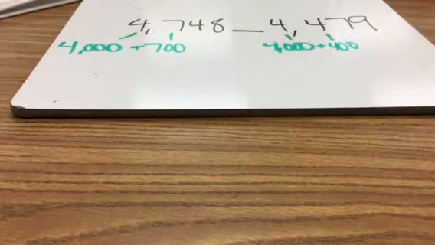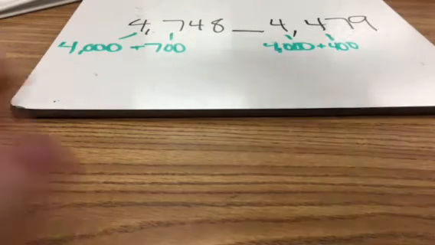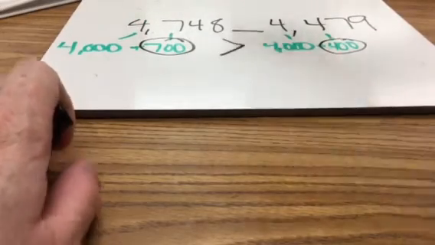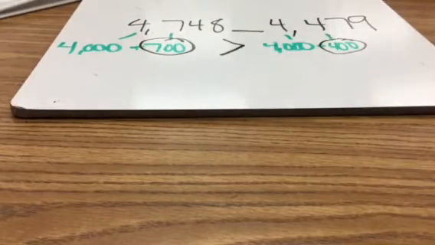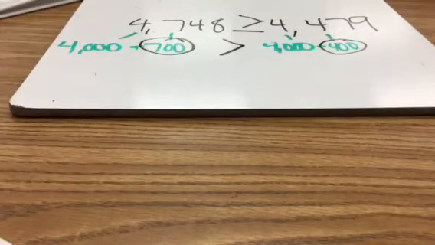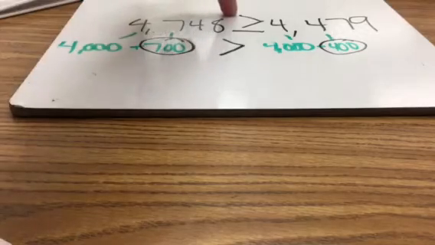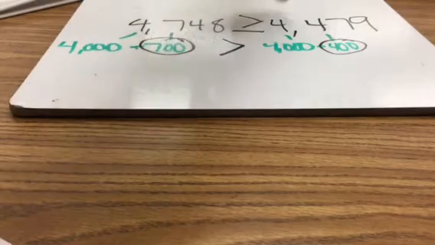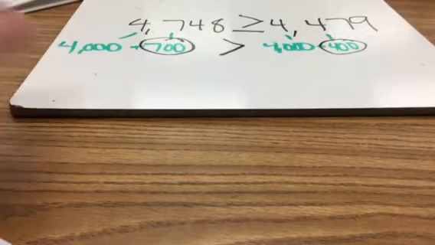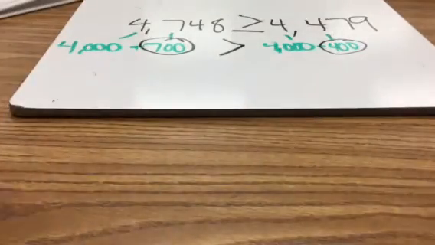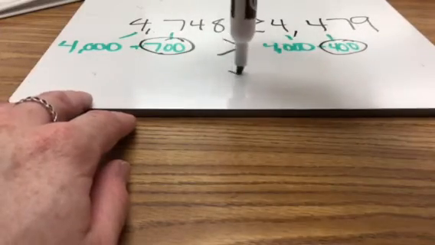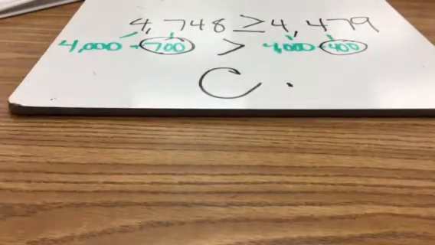So I know that I would rather have 700 than 400. 700 is more than 400, so I read it just like a sentence. 4,748 is bigger or is greater than 4,479. So I'm looking for the words greater because I read like a book, left to right. So 700 is greater than 400. So C is our correct answer for number 3.